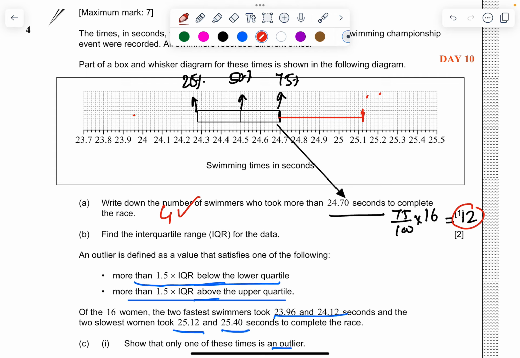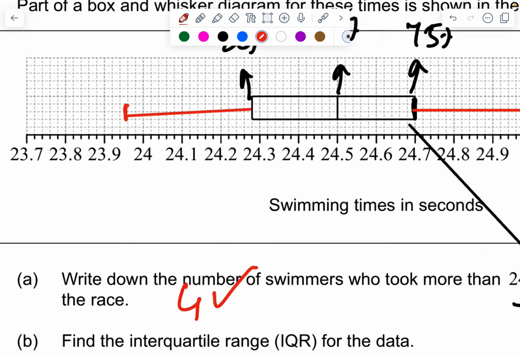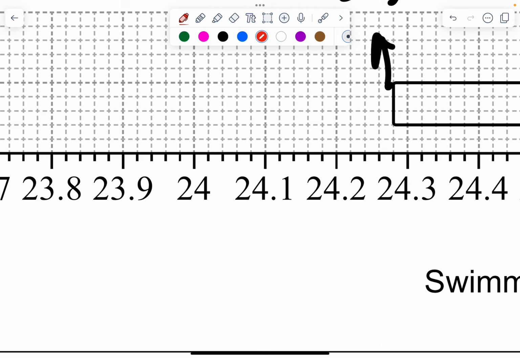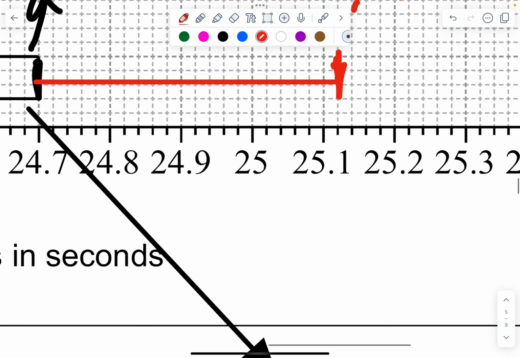This is going to be the answer. So we can see that it's going to be up to the fourth line. This is the one whisker, 23.96, and over here it is going to be up to this line, 25.12.